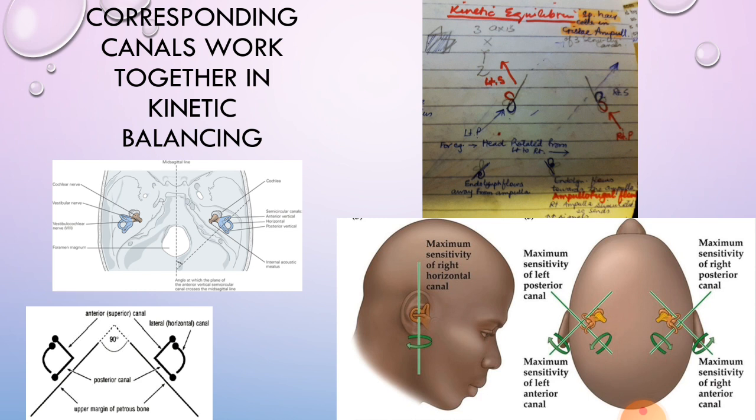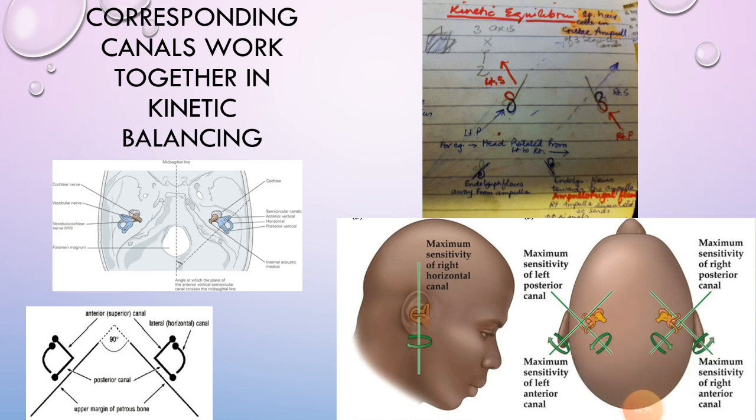Okay. Now, the kinetic labyrinth. As we can see in the hand-drawn diagram, the semicircular canals are 3 in number. They are the anterior, the posterior, and the lateral.